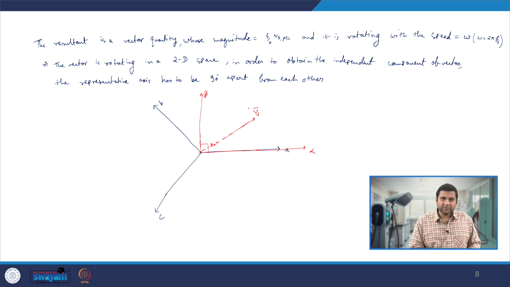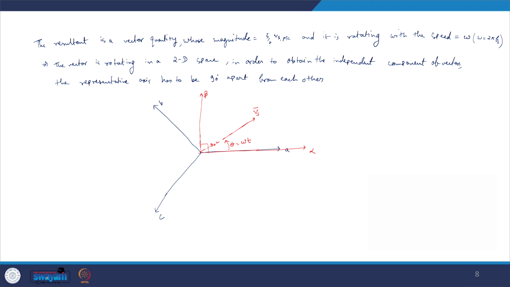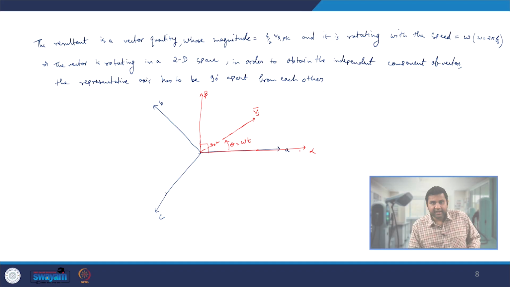At one given instant of time, theta is omega t, and at that point we have this Vs space vector. Now if we take the component of the Vs space vector along the alpha axis, that is Vs alpha, which is somewhere here, and we define this as Vs beta.